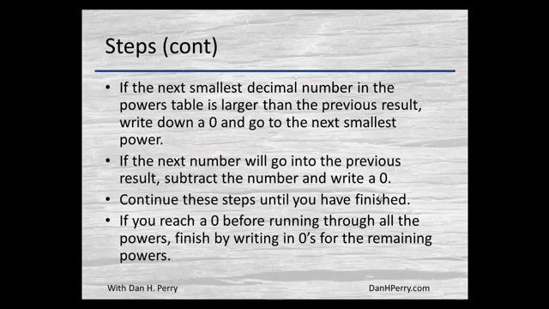If the remainder is less than 32, because that's the next smallest number, you won't be able to subtract that out. So you're going to write a 0 down for that one where you wrote a 1 down when it would subtract. And then you're going to continue with those steps, writing down ones whenever you can subtract the next smaller power of 2, zeros when you can't subtract that, until you get to the least significant bit.